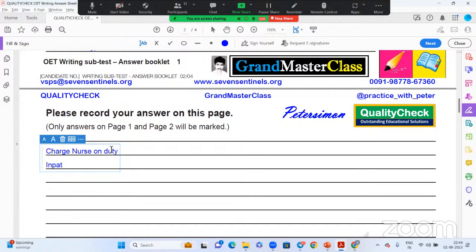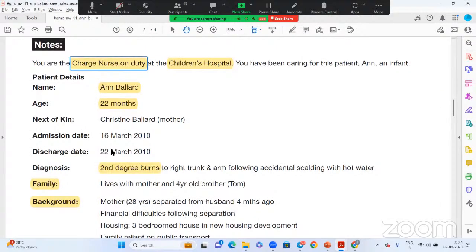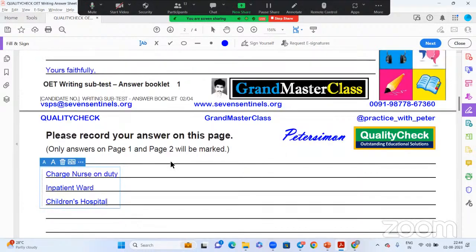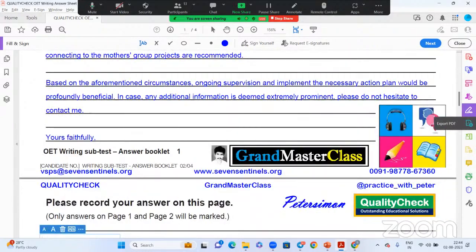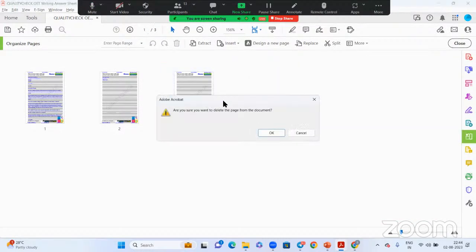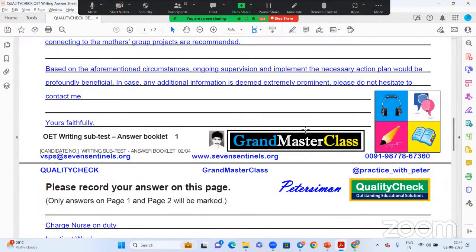Operation is not done. So, inpatient ward. Children's hospital. Many people will write nurse and leave it. So try to write it full, everything. That is the end of the session.